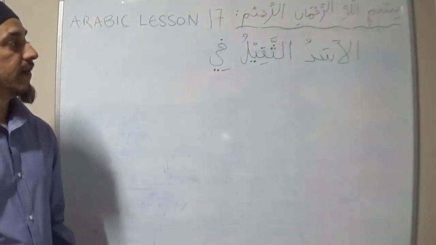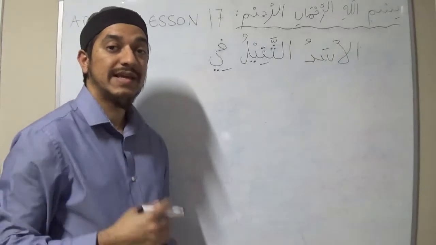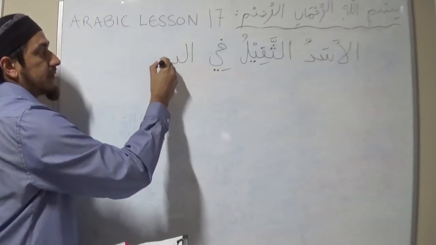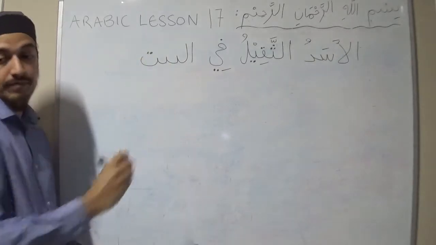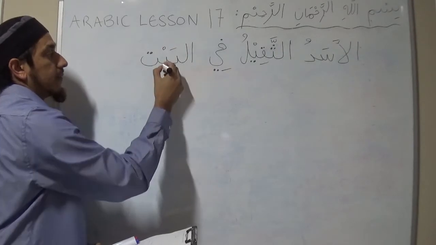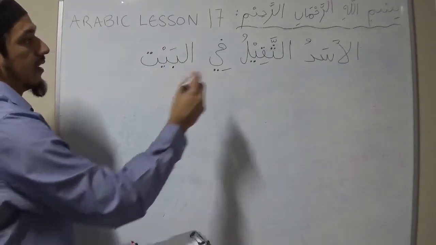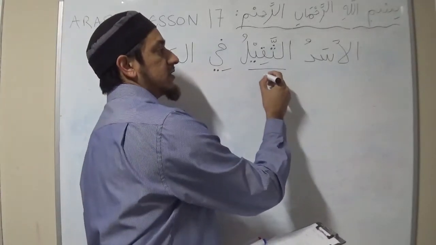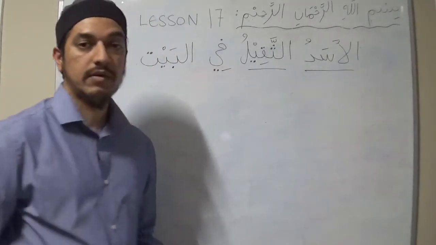Fi. The heavy lion is in the house. Al-bayt. The heavy lion is in the house, and here now thaqil is the adjective to the noun, the lion.